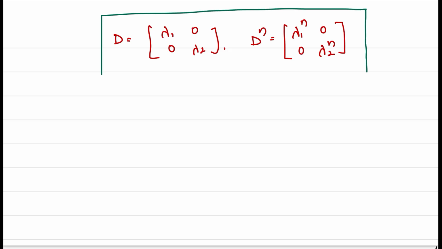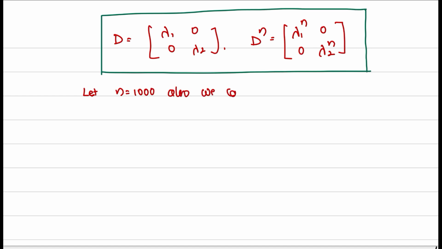Once you know P and P inverse, by finding D to the power of n, you can find A to the power of n, even for n equal to 1000, very easily with this formula. If anything is given in the examination to find A to the power of 1000, we should not be afraid.